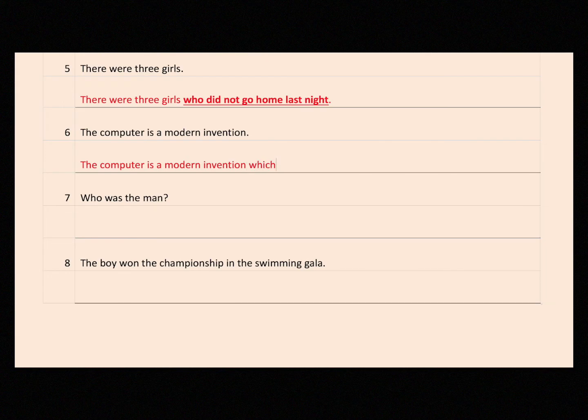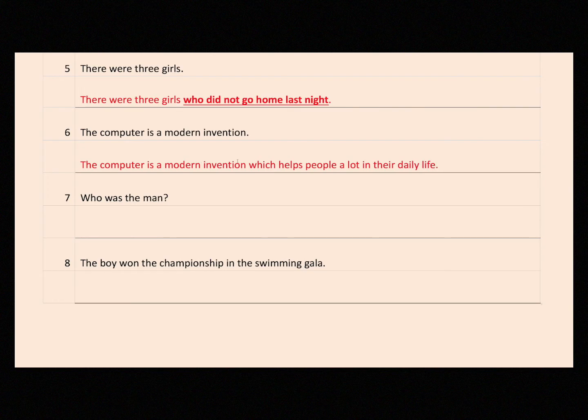And then for modern invention, because it is a thing, we use which to talk about it. The computer is a modern invention which helps people a lot in their daily life.